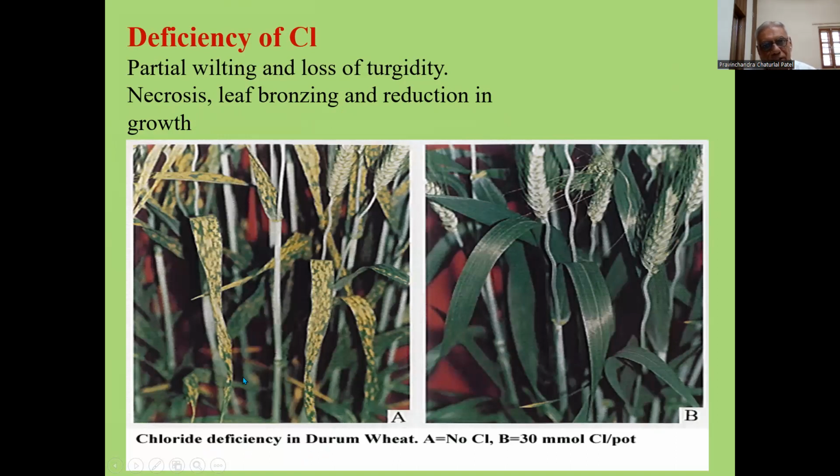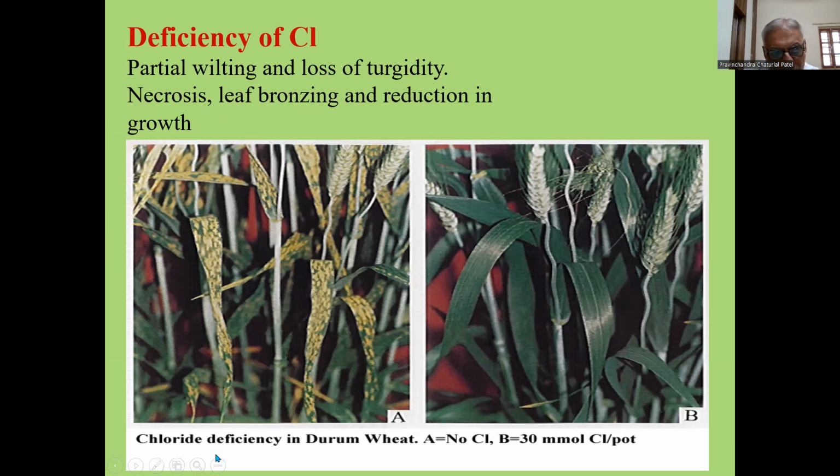So here you can see chlorine deficiency in durum wheat. Here is a chlorine sufficient plant, and here a chlorine deficient plant. When chlorine is sufficient, then it is a healthy plant.